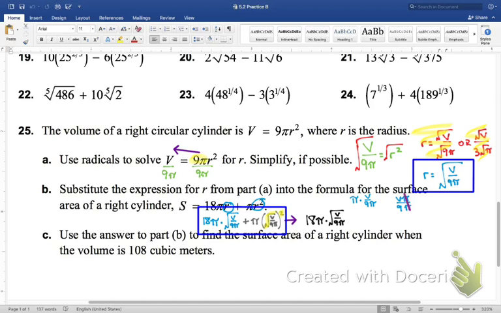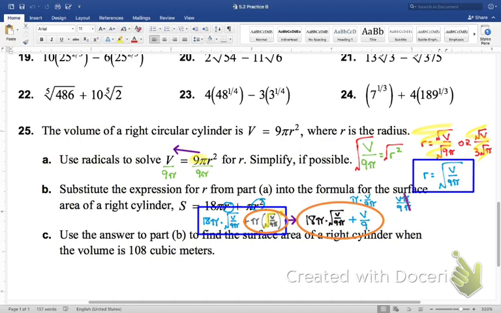The pi's, right? So realistically, what is this part right here that's circled going to simplify to? It's going to be plus V over 9.